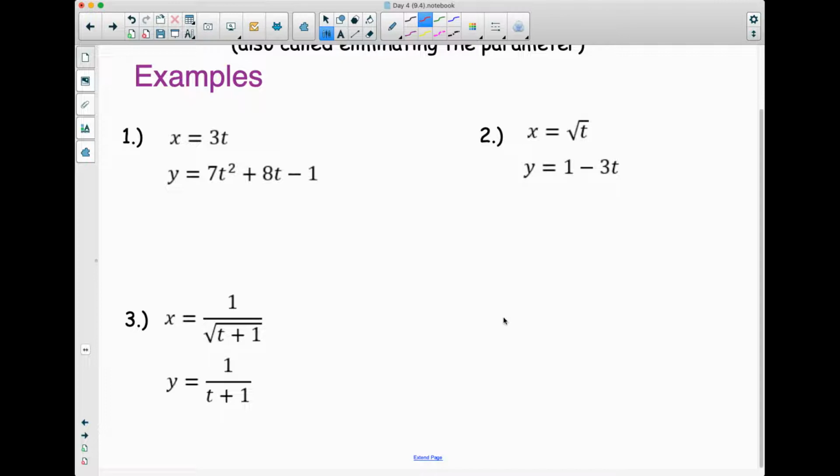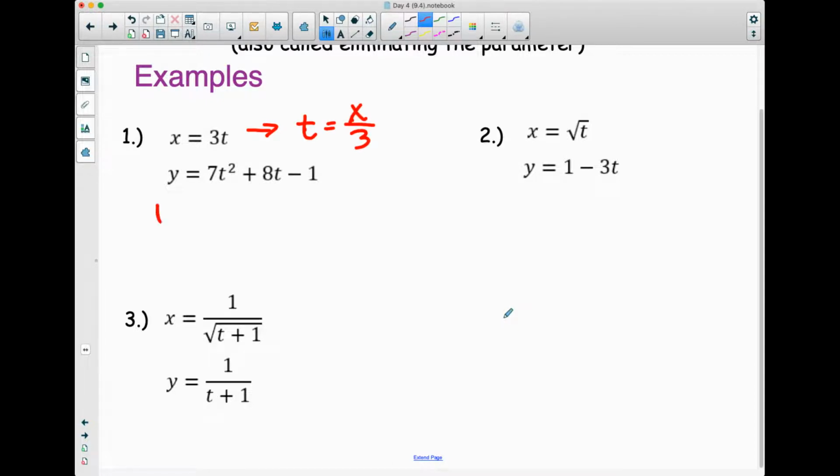All right. So which one was easiest to solve for number 1? X or Y? X. So if we divide by 3, we get t equals x over 3.